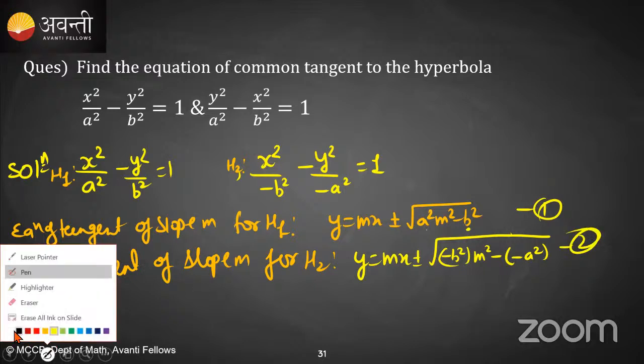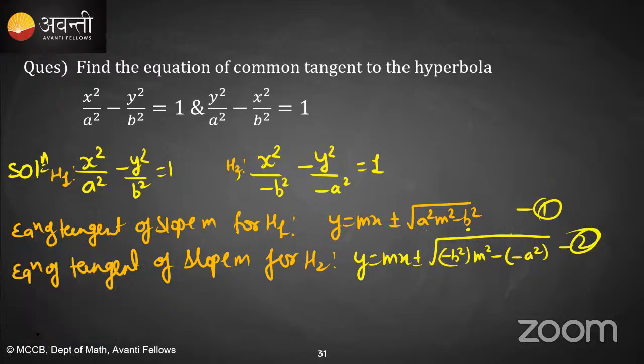So both equations are the common tangent, right? Yes or no? Equation 1 is also of slope m. Equation 2 is also slope m, and both are the common tangent, right? So equation 1 and equation 2 are identical. Yes or no? They should be identical.